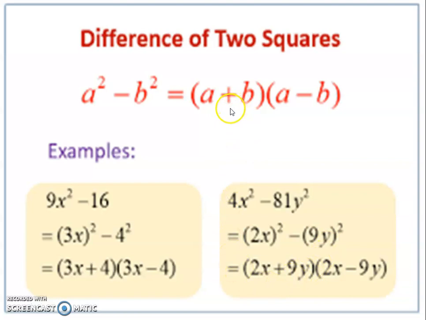So we put in this derivation a is equal to 2x, b is equal to 9y. That's why (2x + 9y) and (2x − 9y). So always remember this format: a² − b² is always (a + b) into (a − b).